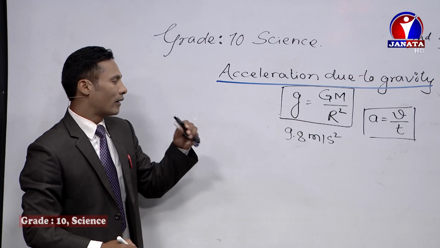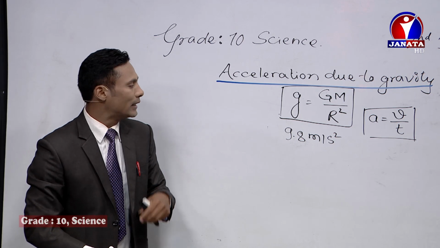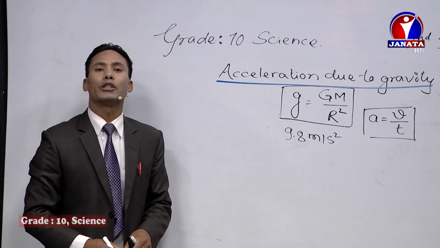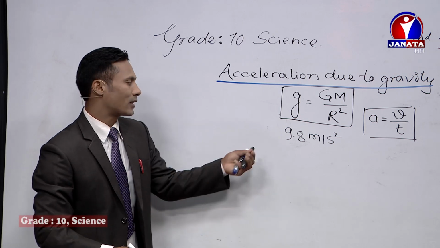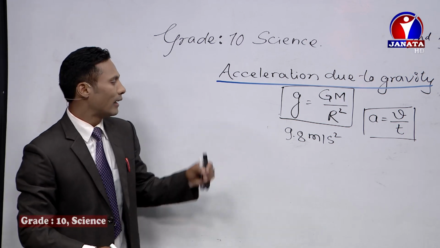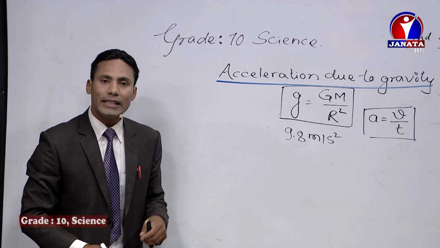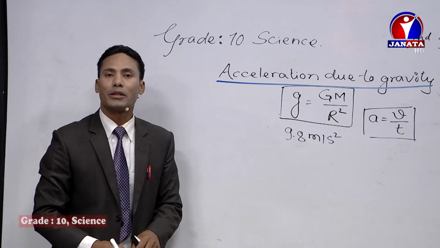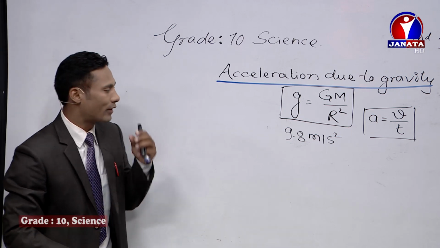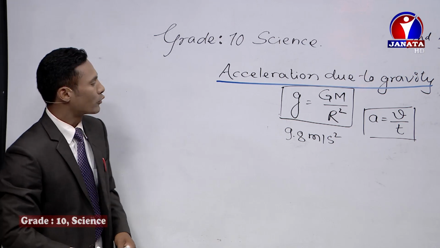How to define this? We have the formula acceleration equals velocity by time, and for acceleration due to gravity we replace a by g. The acceleration due to gravity of Earth is 9.8 meter per second square means the velocity of a freely falling object increases by 9.8 meter per second in each second. That is the meaning of acceleration due to gravity of Earth being 9.8 meter per second square.